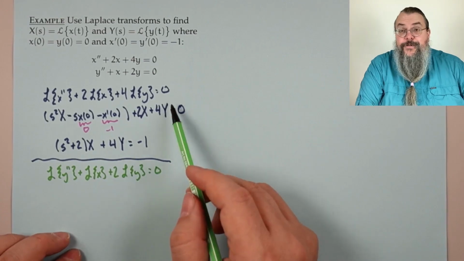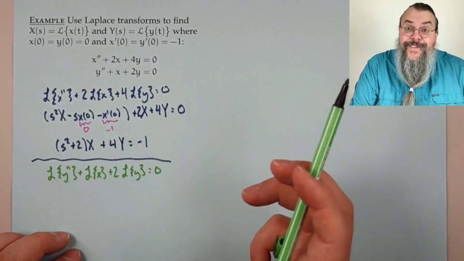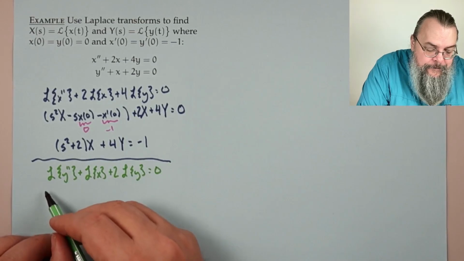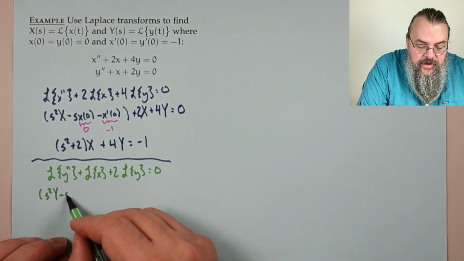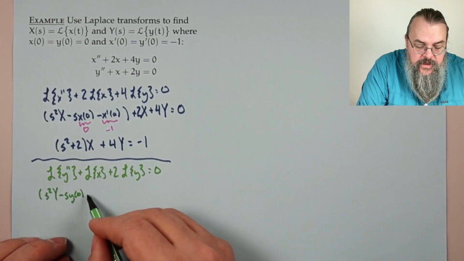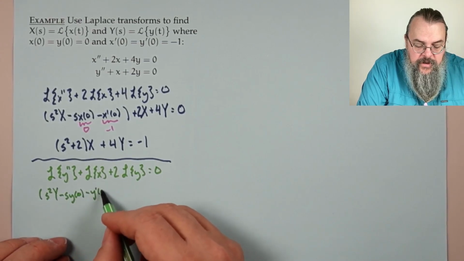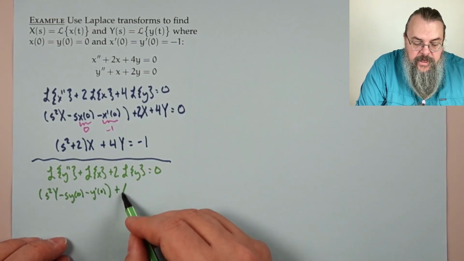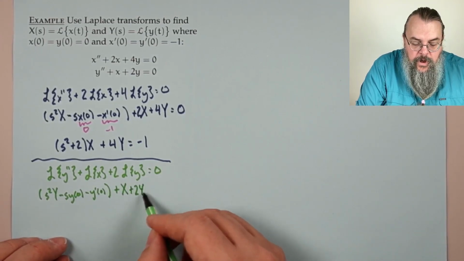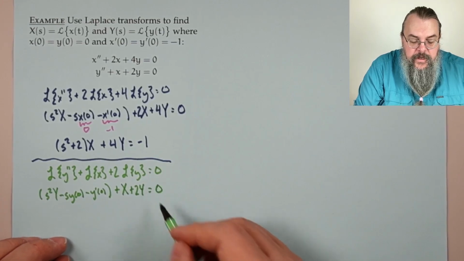When we said 0 here, that's really the Laplace transform of 0, but that is 0, so that's okay. We didn't lie. So that's s squared y minus s y0 minus y prime of 0 plus capital X plus 2 capital Y equals 0.